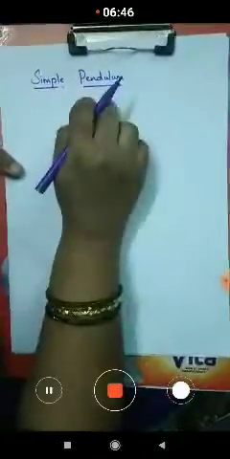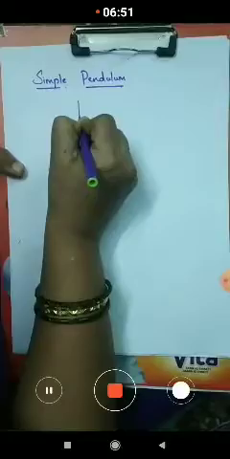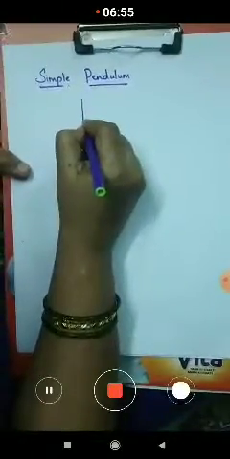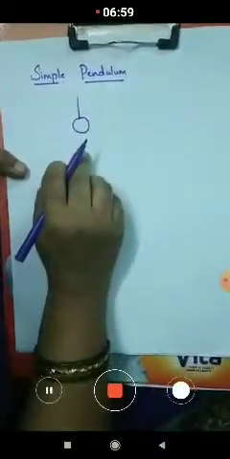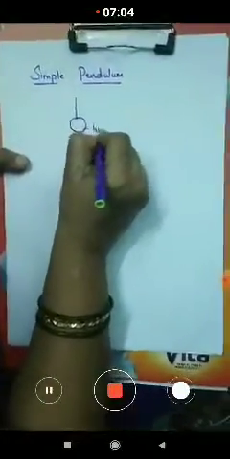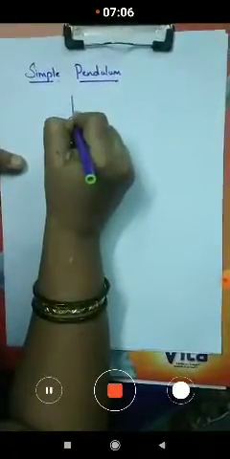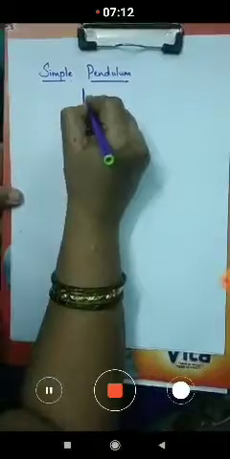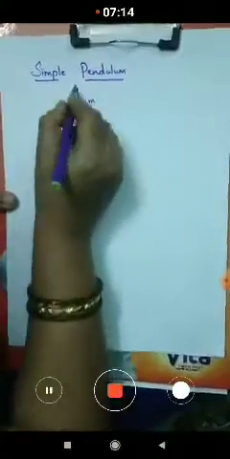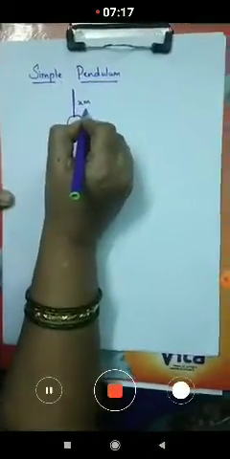It is a device made up of a string of a certain length, and it is attached to a round or ball-like structure made up of metal. We call it a bob, and the length is x meters.